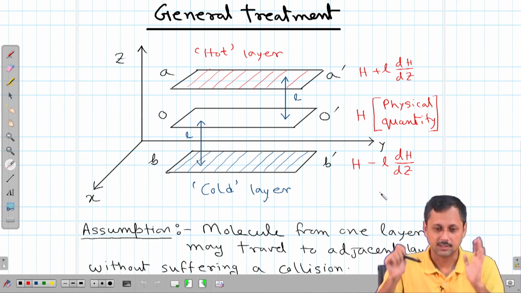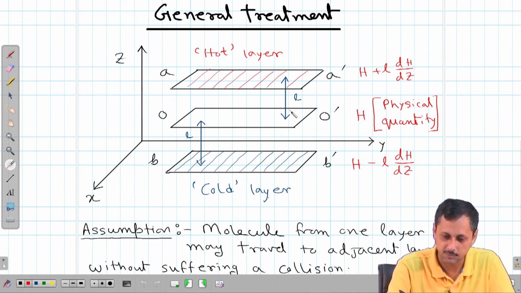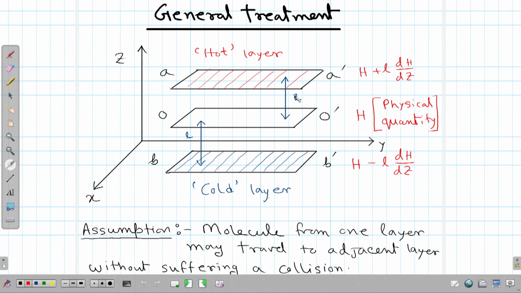So, this is the assumption that the separation between these two layers is such that the molecules from one of these layers, let us say from this layer, start traveling towards the other layer and they reach there without suffering a collision. Similarly, cold molecules from this layer travel, or rather I would say they always travel from this to this. So, the molecules from this layer travel in this direction without suffering a collision, right.